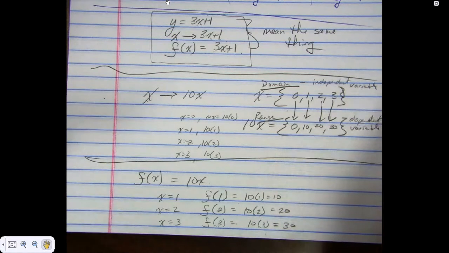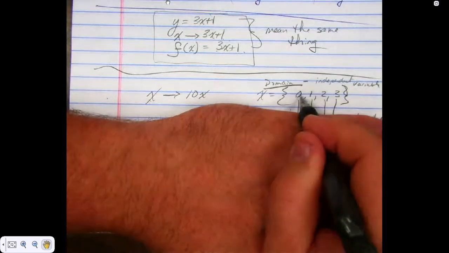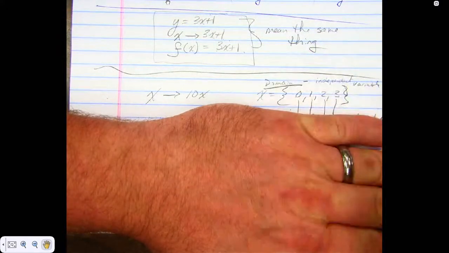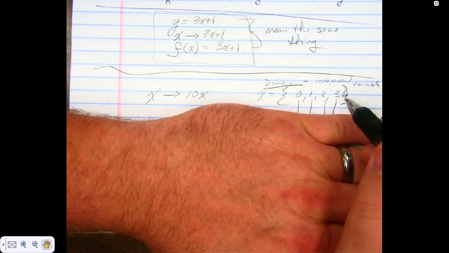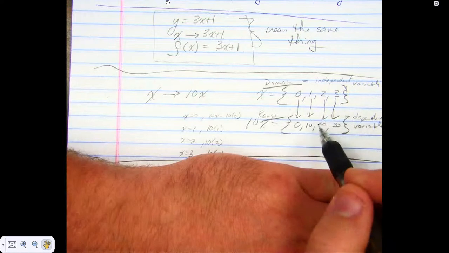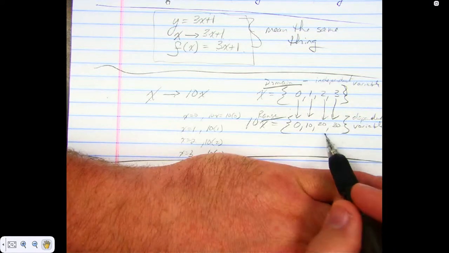Independent means out on their own, right? No matter what this function is, 0 doesn't change because it's what I started with. It's independent from whatever the function is. 1 doesn't change, it's independent. But what's dependent on the function? The range.